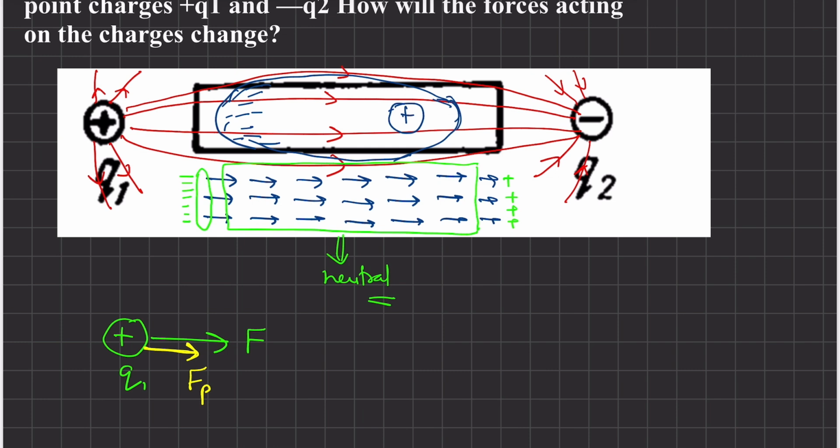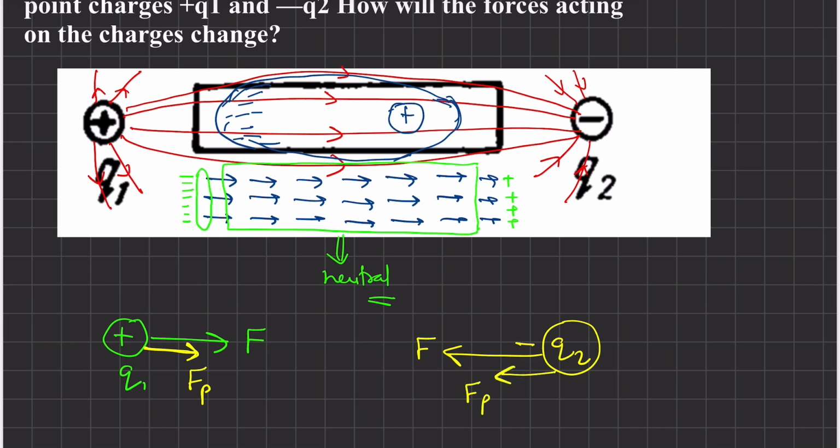Similarly, if you talk about minus q2, this is also experiencing an attraction force F due to the plus q1. In a similar way, there is F polarization acting on this charge.